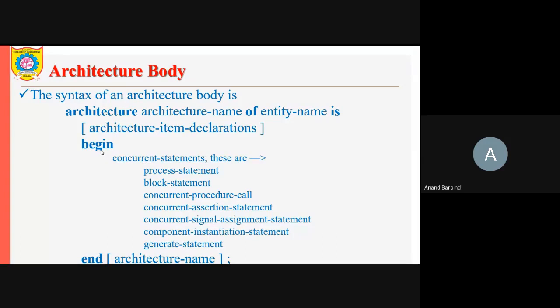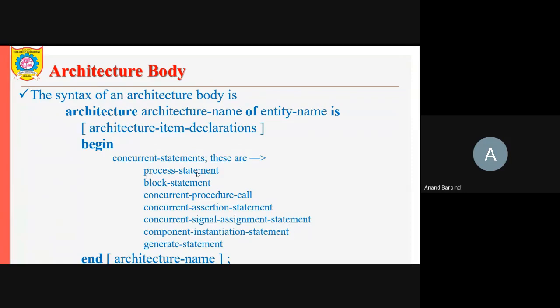Then in the body of this architecture, you can write concurrent statements. You can describe the functionality of this particular entity by using various statements. What kind of statements can these be?